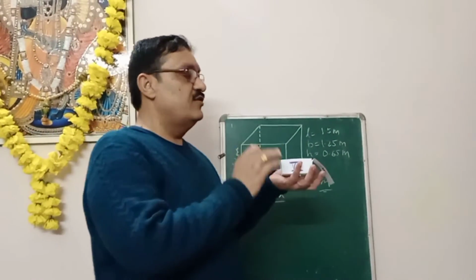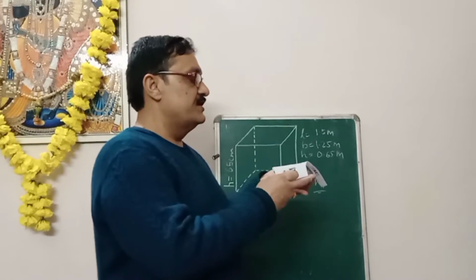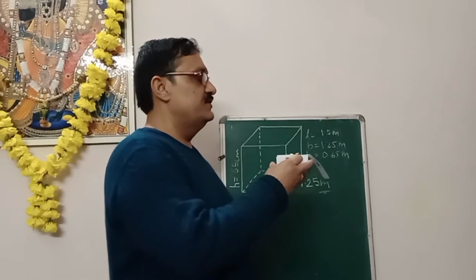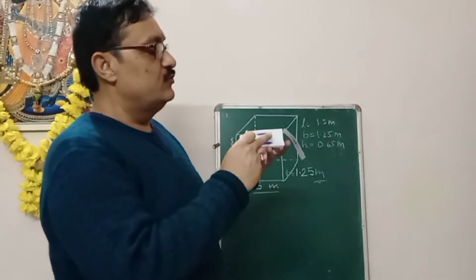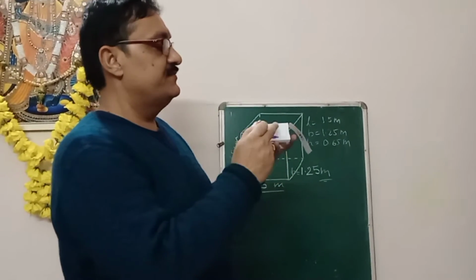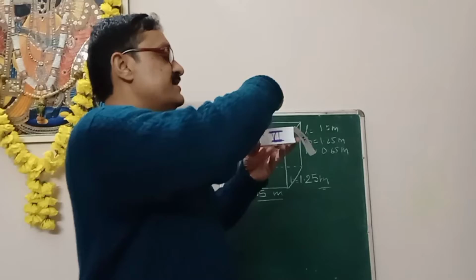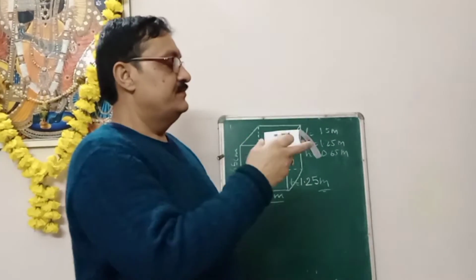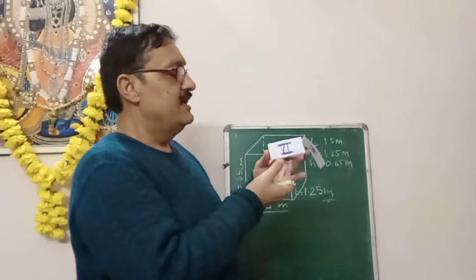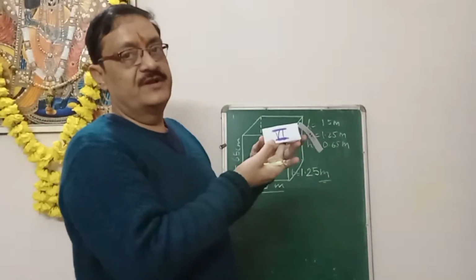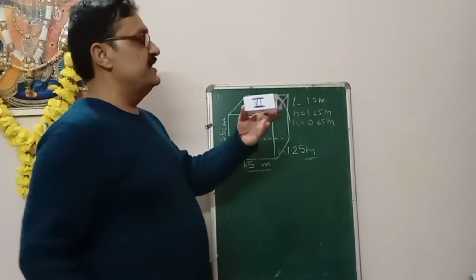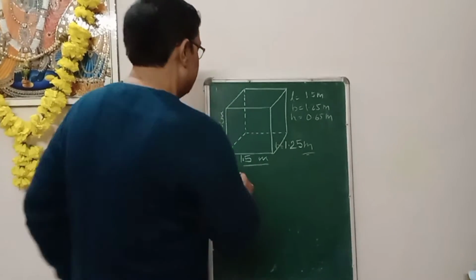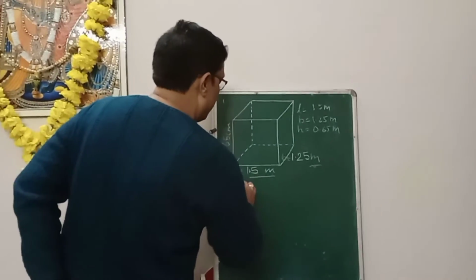Because it is open at the top, we need to calculate the area of lateral surfaces, that is front and rear rectangles, the two side rectangles, and the one bottom rectangle.